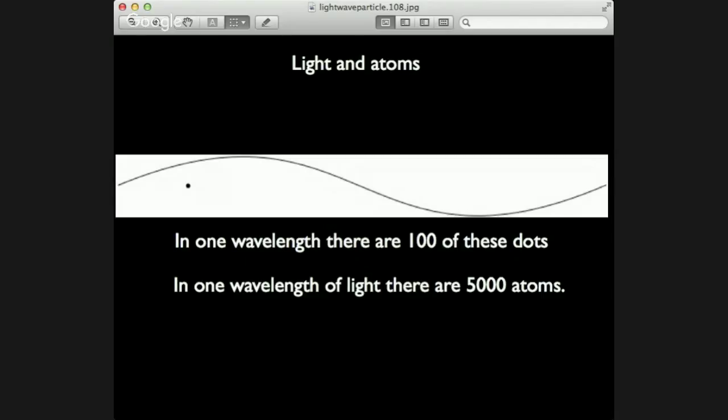In one wavelength of light, there are 5,000 atoms. So one wavelength of light is 5,000 atoms across for the middle of the visible spectrum. There are 10 million wavelengths in a photon. And the next slide is the most important thing about quantized light.